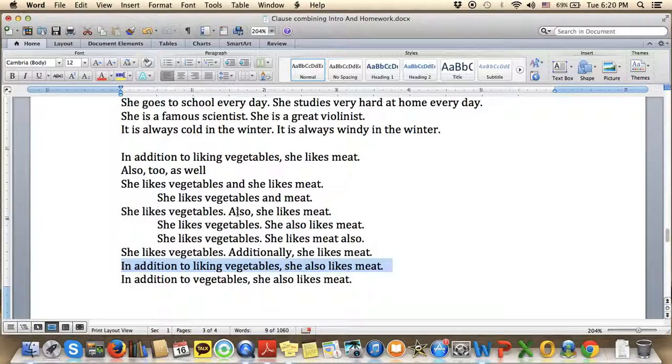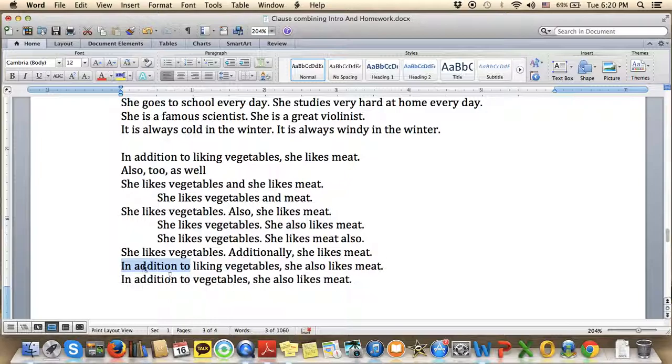Now remember, we saw these three places we could put also. We could say also she likes meat, she also likes meat, she likes meat also. There's a trick when we have a second adverb in here though. When I say in addition to liking vegetables, I cannot say also she likes meat. Nope, that does not work.